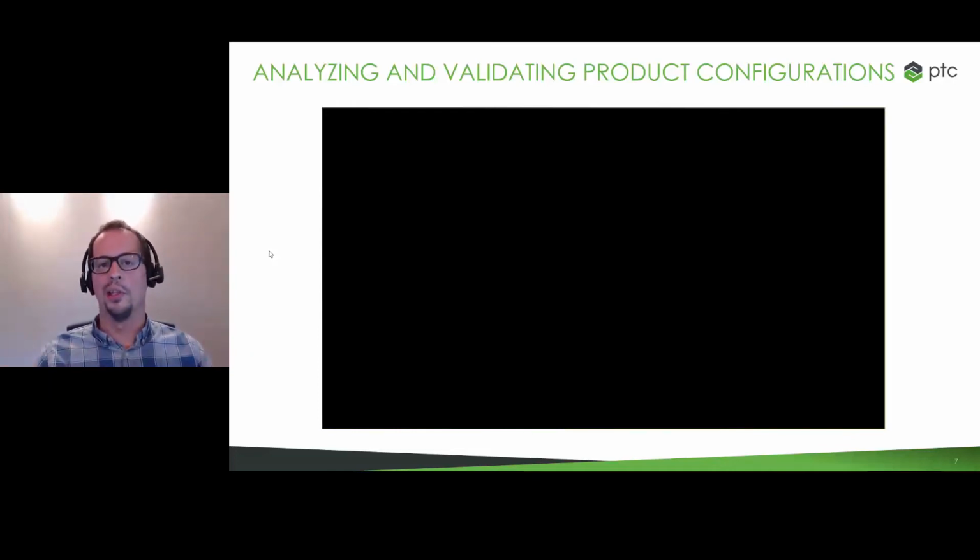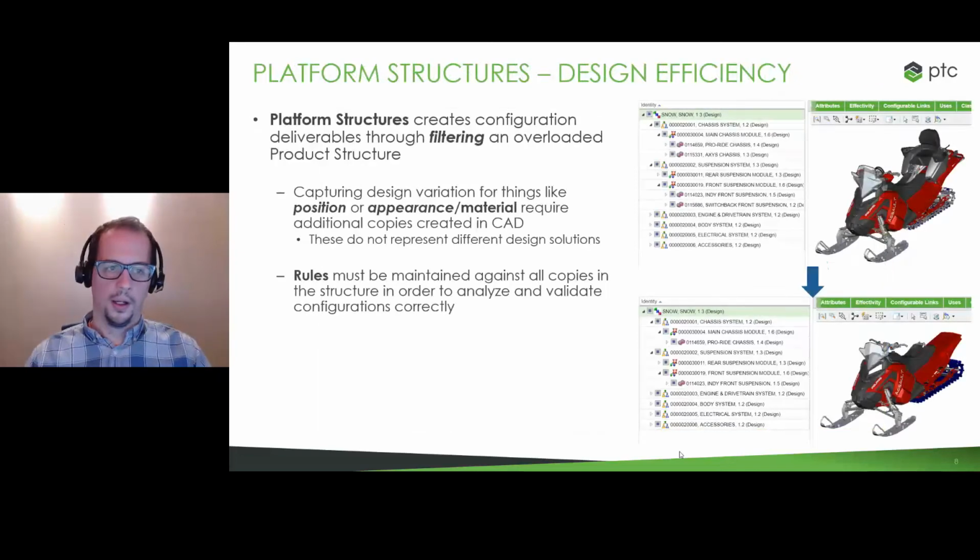How are you going to help us deliver those even faster and make things easier for managing that information inside of Windchill? All right. So one of the things to keep in mind about platform structures in Windchill is that it's fundamentally built on the idea of filtering from the product structure being the architecture that understands all the possible variant configurable modules or variant things that can go inside of it, including things like positional variation.